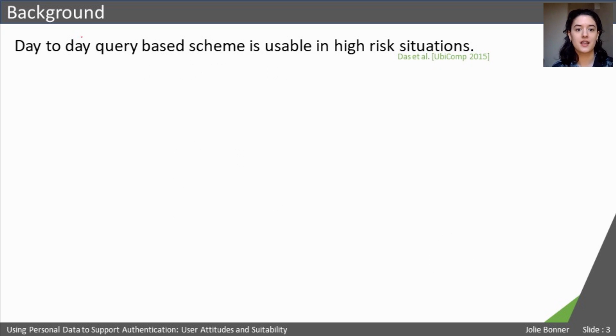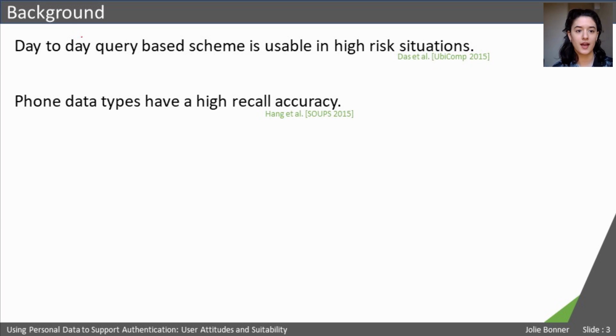Past research by Das et al. showed that an authentication system that asks user questions based on their day-to-day experience does have application in high-risk situations, and their simulated system was also shown to have a high user confidence rate. Han et al. showed that phones data, including apps installations and call logs, were promising data types for authentication due to their high recall accuracy.